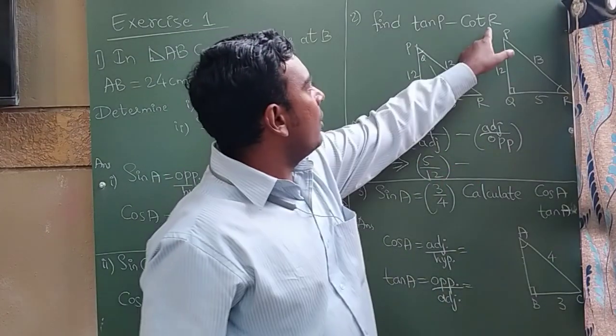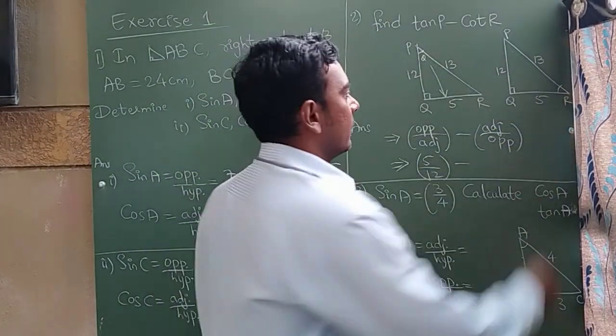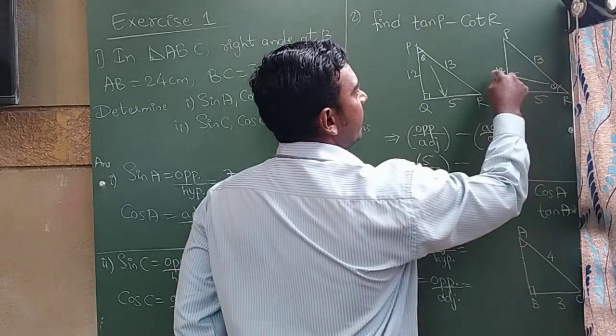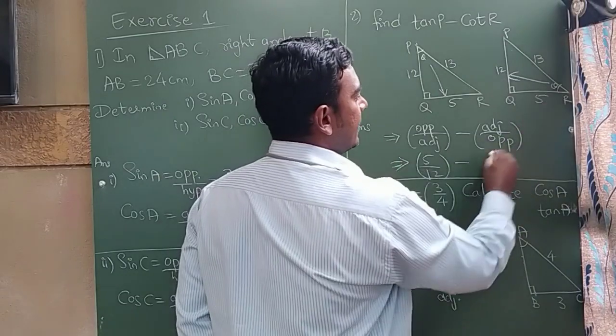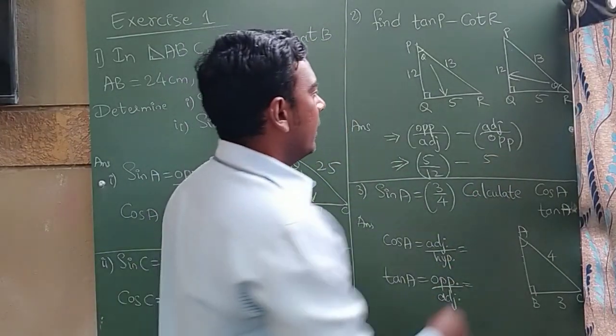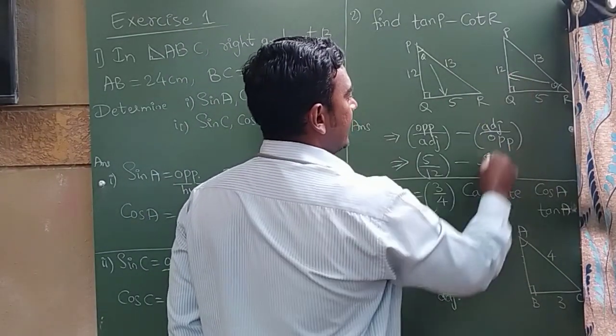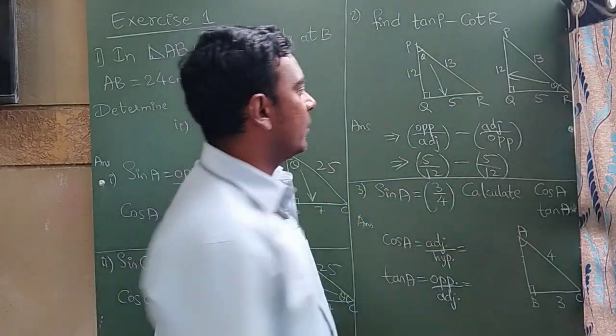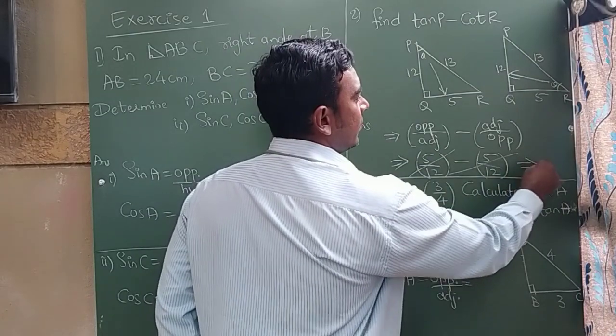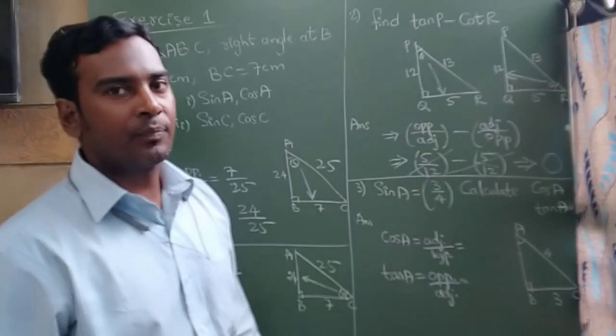Minus. Now the angle is at R, so this will become opposite, this will become adjacent. So the formula is adjacent. What is adjacent? It is 5. And what is opposite? It is 12. You can see here 5 by 12 minus 5 by 12. Both get cancelled. So the answer is 0.